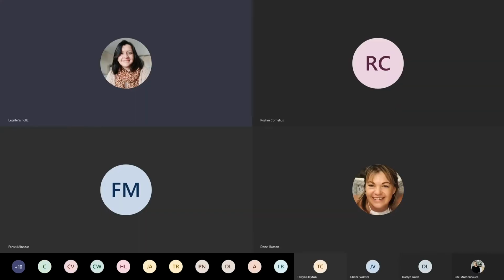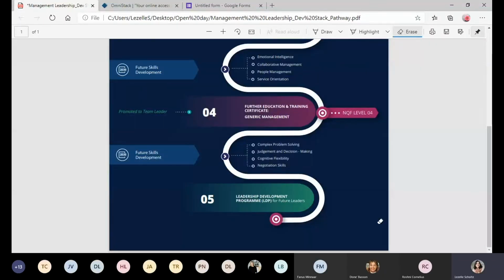Okay, we're just sharing my screen. Okay, can you all see the Omni development stack?